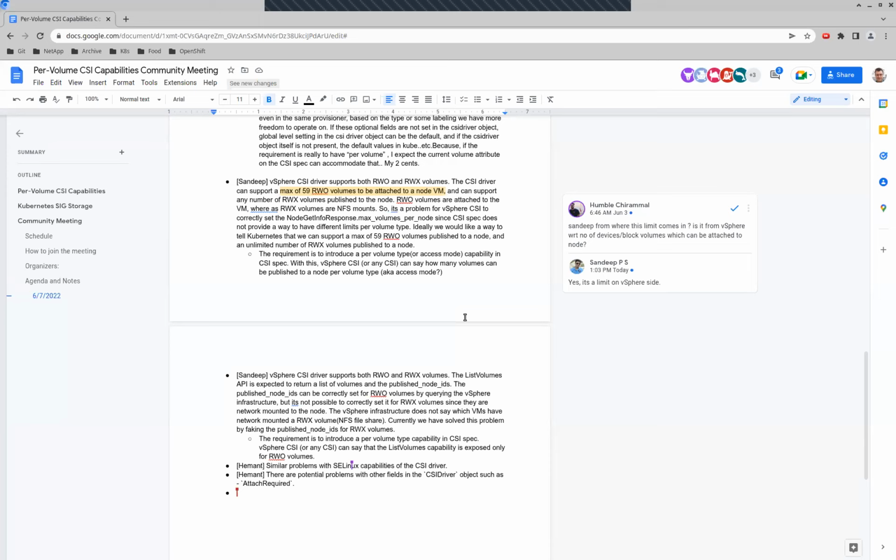I want to hear about the SELinux use case because I'm less familiar with what's going on there. Yeah, so with SELinux, Jan is working on a proposal to implement SELinux as a mount option. So basically it amounts to the same thing. The driver defines in the CSI driver object if it can support SELinux as a mount option, because the mount option has to be applied on the first mount at the node staging time. So that capability, whether it supports it or not, has to be known to the kubelet before it calls node stage.